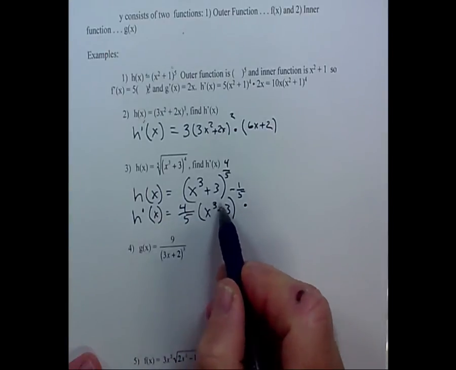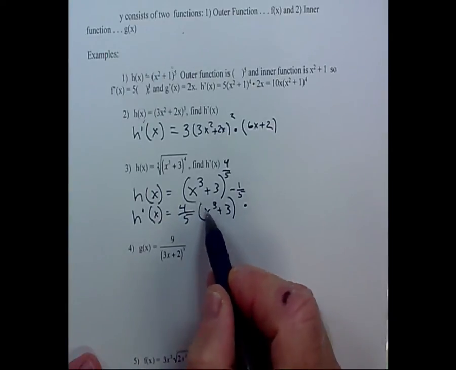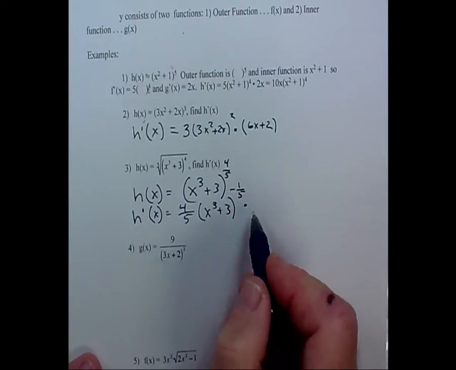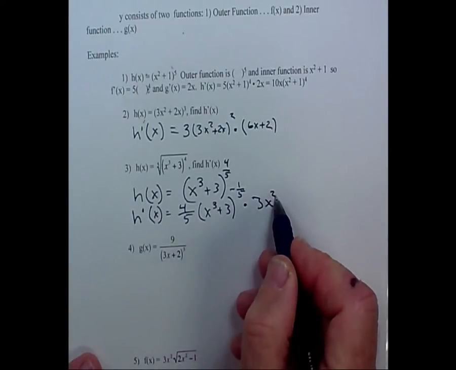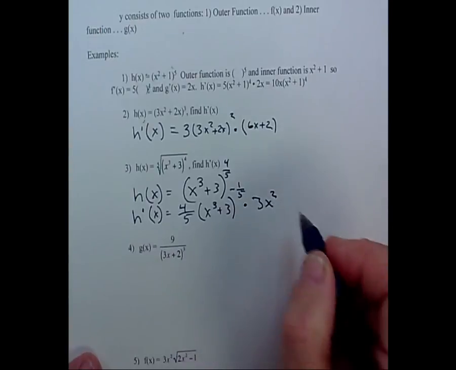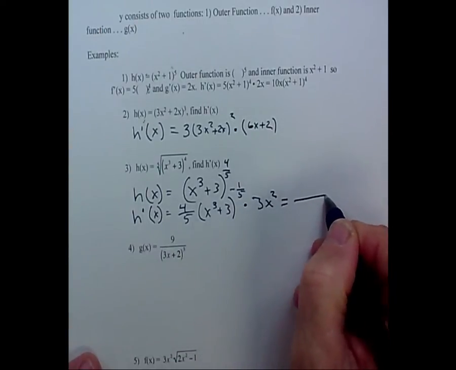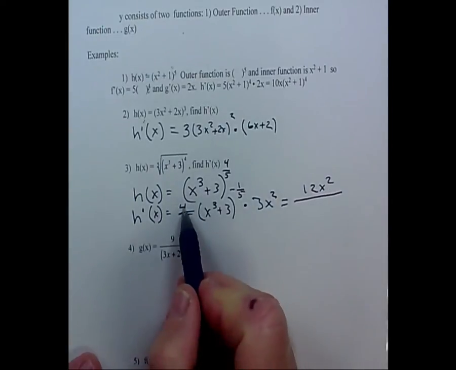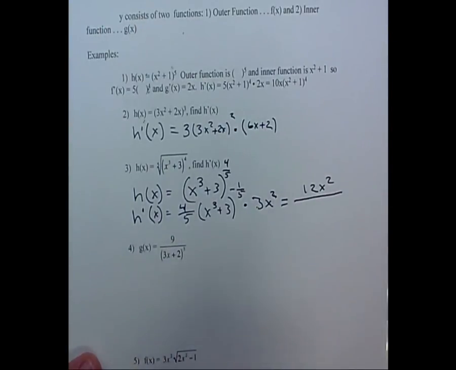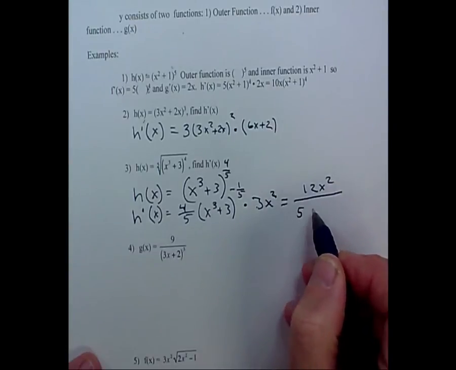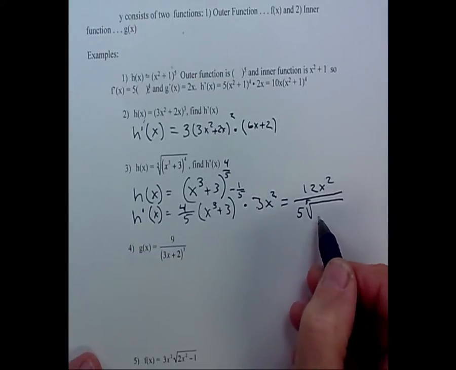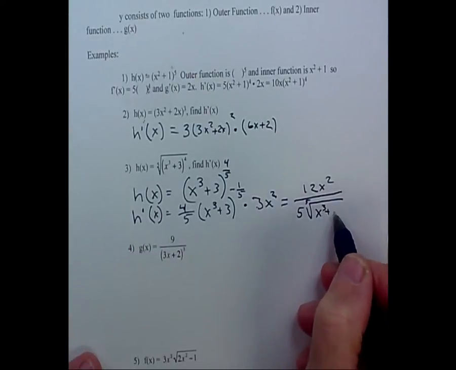Take the derivative of this right in here. I wrote the wrong thing. So it would be 3x to the second. And the 3 dies, right? So your final answer is going to be this. You're going to have 12x squared on top, because 4 times 3x squared is 12x squared. And down here, you're going to have your radical, because it's a negative exponent, to the 5th of x cubed plus 3.